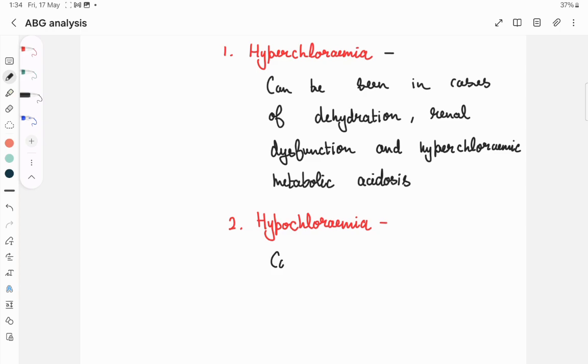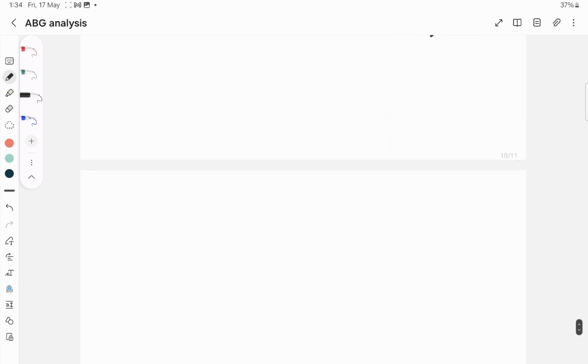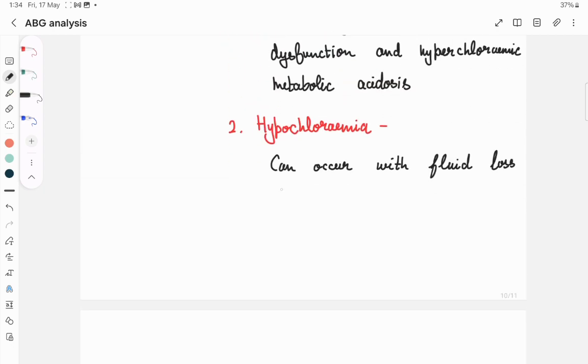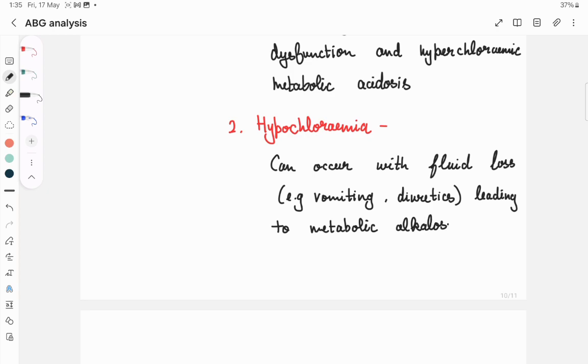Hypochloremia can occur with fluid loss, example vomiting, diuretics. And it leads to metabolic alkalosis.